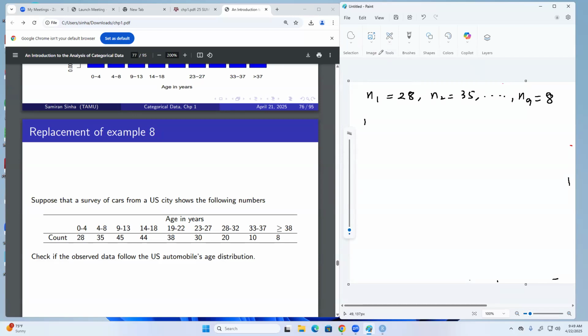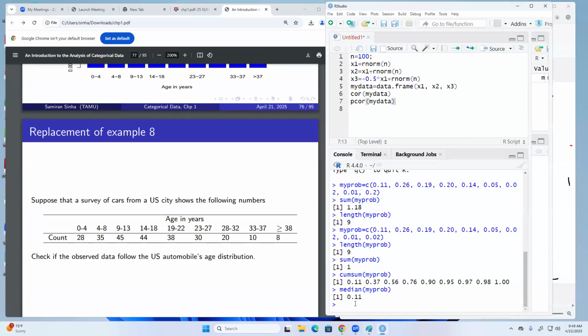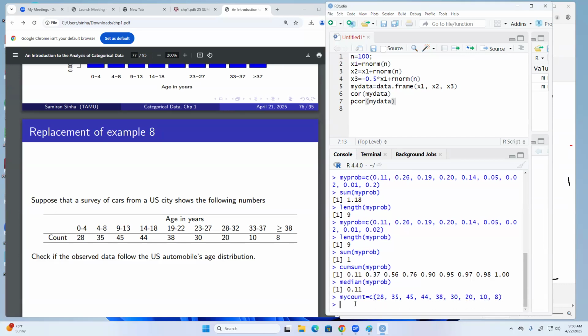What is the total count? Total count, let us do that. My count equal to 28, 35, 44, 38, 20, 10, 8.